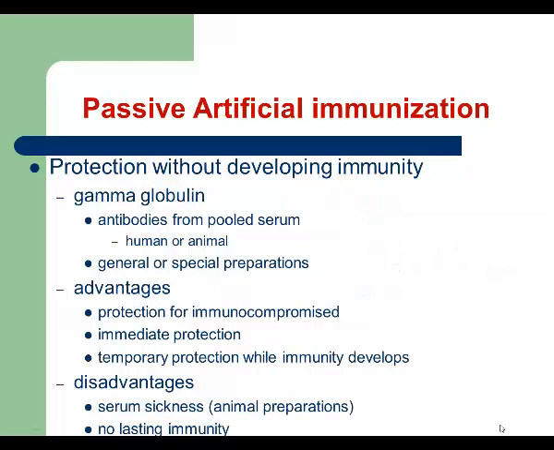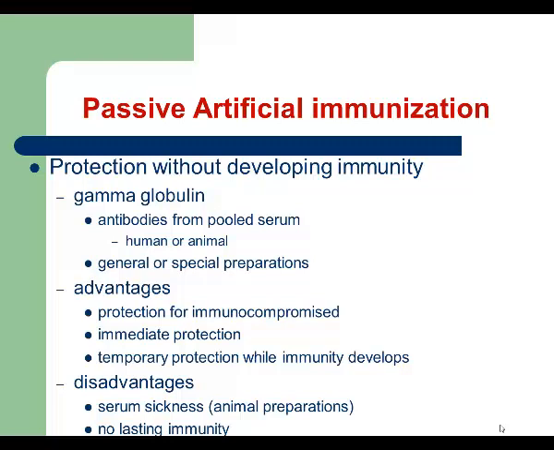And finally, the last slide of this lecture gives you once again information about passive artificial immunization. In this case, we introduce immunoglobulins or gamma globulins into the patient's system, and those are antibodies.